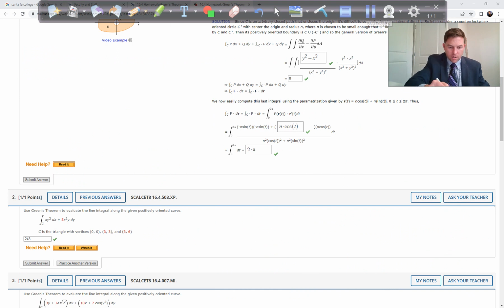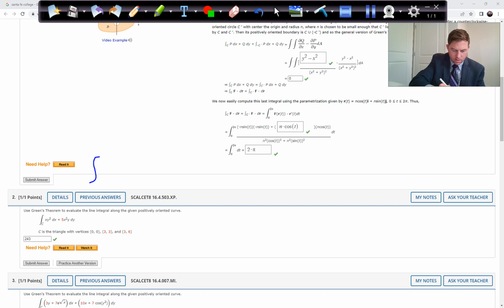Okay, in problem 2 we're going to do Green's theorem. So we have the line integral of x y squared dx plus 5x squared y dy. And so we are going to transform that.